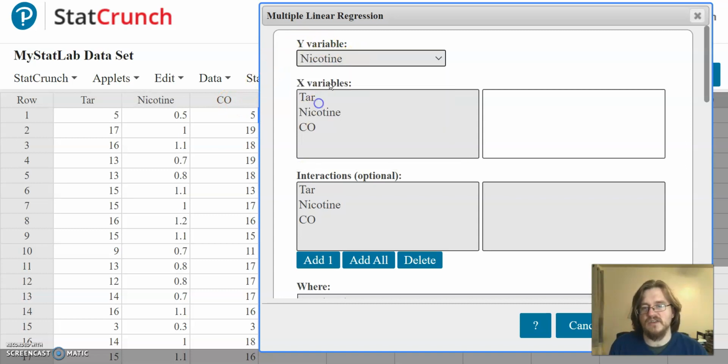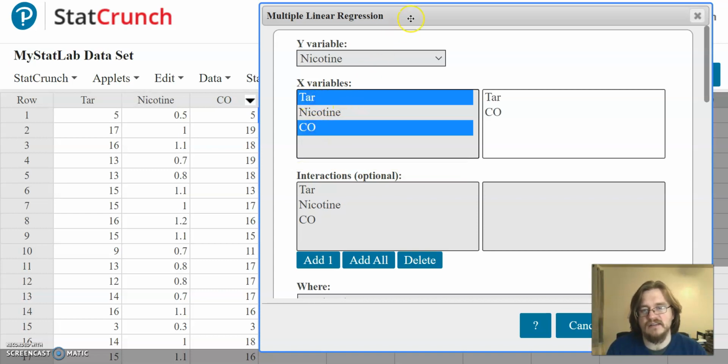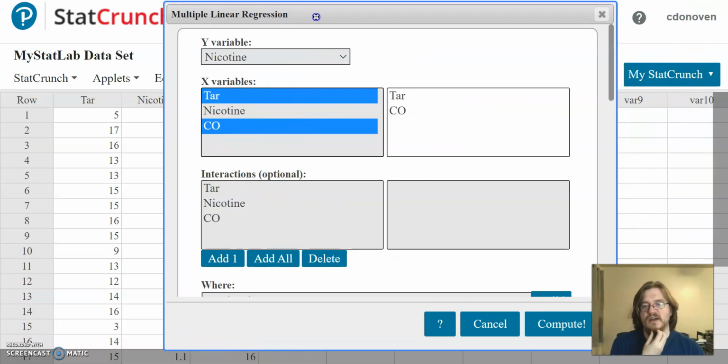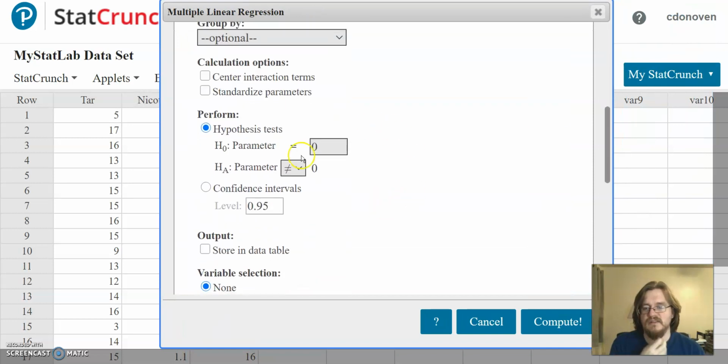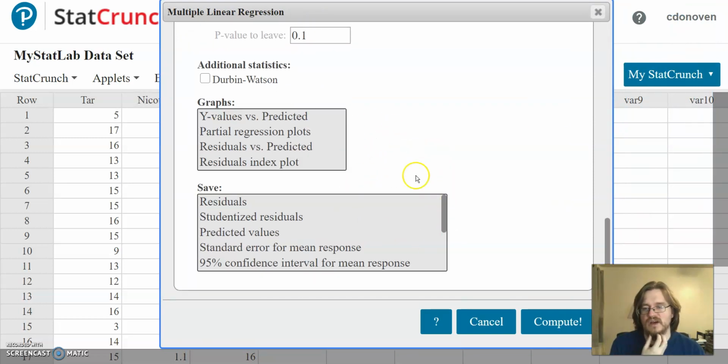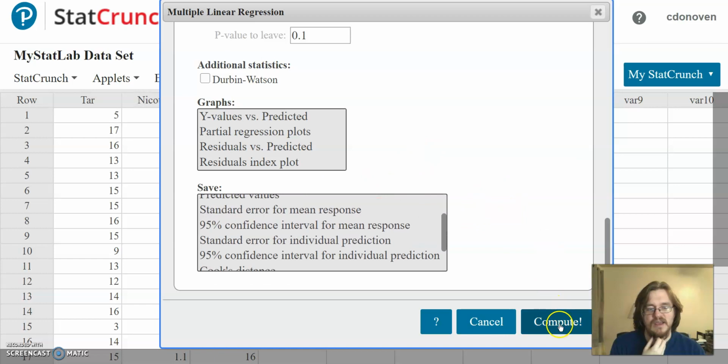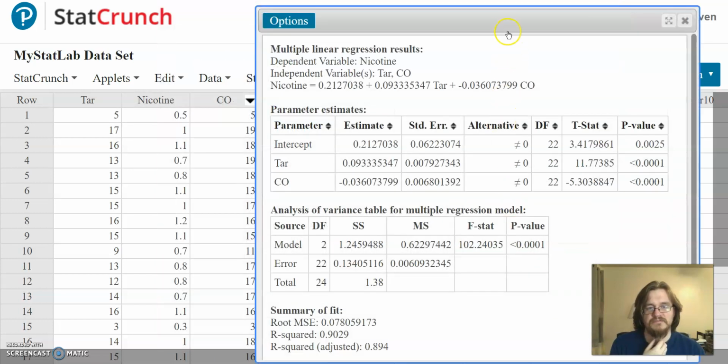So nicotine is going to be our y variable, and the predictor variables we'll use are the tar and the carbon monoxide. The rest of this I'm not going to change in any way, and we will simply compute.